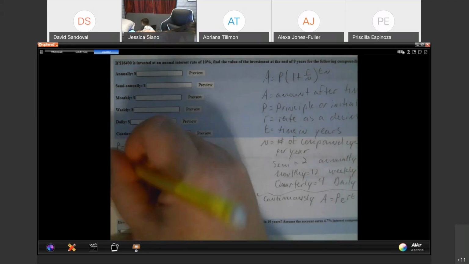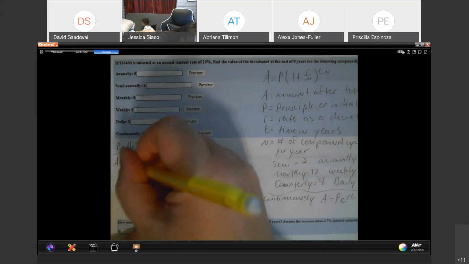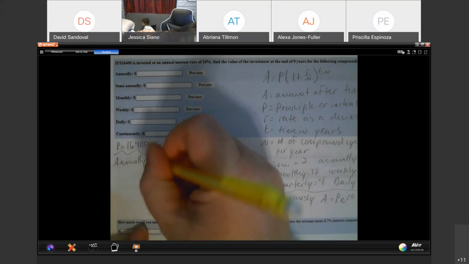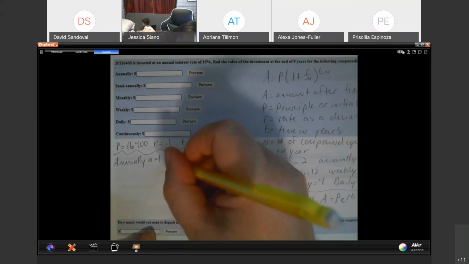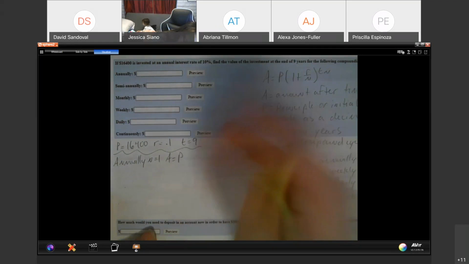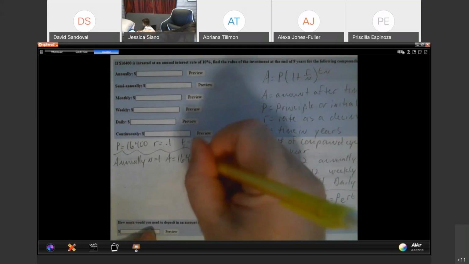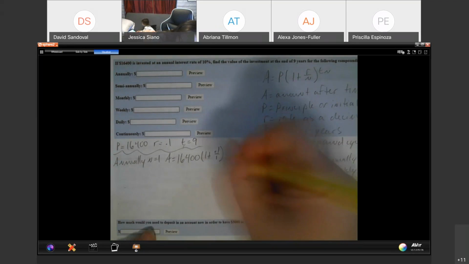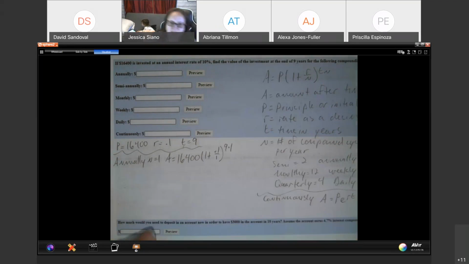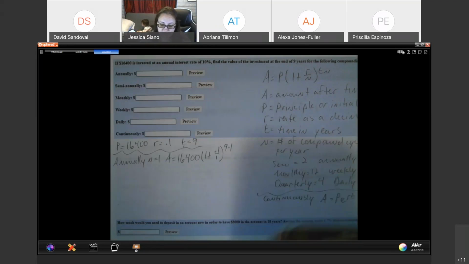So annually, n is 1. So I have A equals 16,400 times (1 plus 0.1 over 1) to the 9 times 1. I'm putting that right in my calculator.